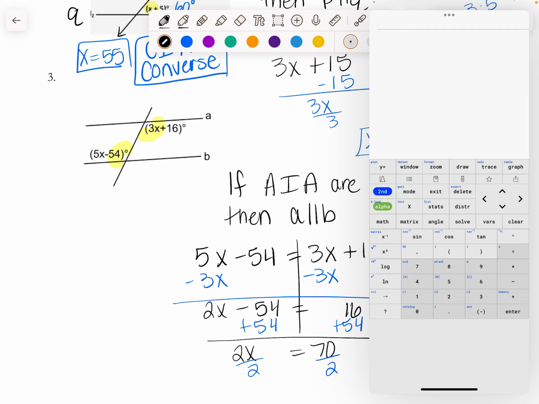So 3 times 35 plus 16 gives me 121 degrees. And then 5 times 35 minus 54 also gives me 121 degrees.